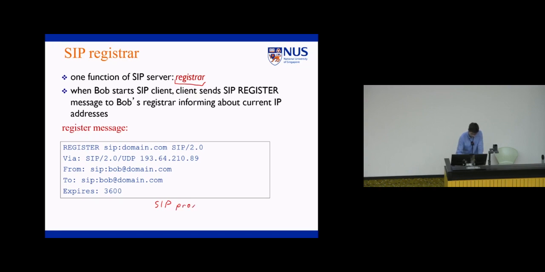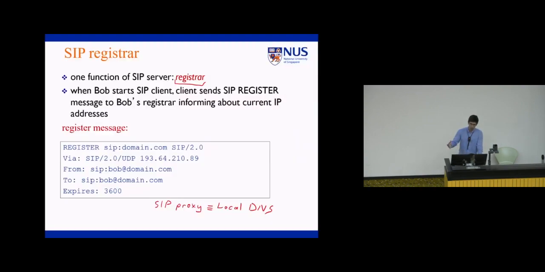SIP proxy servers are like local DNSs. You send your request for resolving an IP address of the SIP client, and you also have SIP registrars. And these are like authoritative DNS servers.